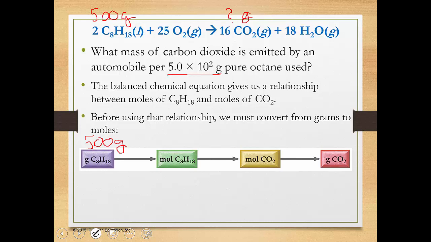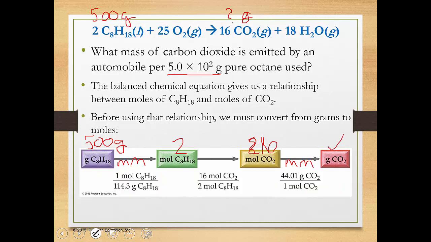Okay, and then we're going to use the molar mass of octane. We're going to get number of moles. Then we're going to use our ratio. Okay, so if we look here in the balanced equation, there are 2 moles of this, and 16 moles of this. Okay, so we've got that relationship, and then we'll take the molar mass of the carbon dioxide to get us to grams of CO2.